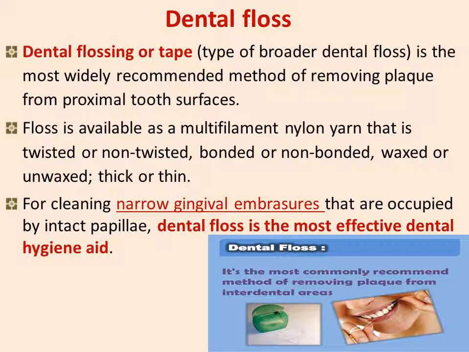Floss is available as a multifilament nylon yarn that is twisted or non-twisted, bonded or non-bonded, waxed or unwaxed, thick or thin. For cleaning narrow gingival embrasures that are occupied by intact papillae, dental floss is the most effective dental hygiene aid.